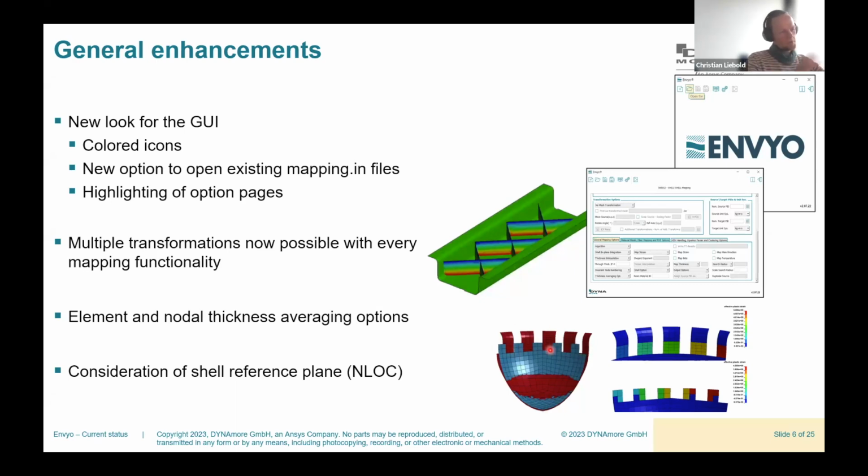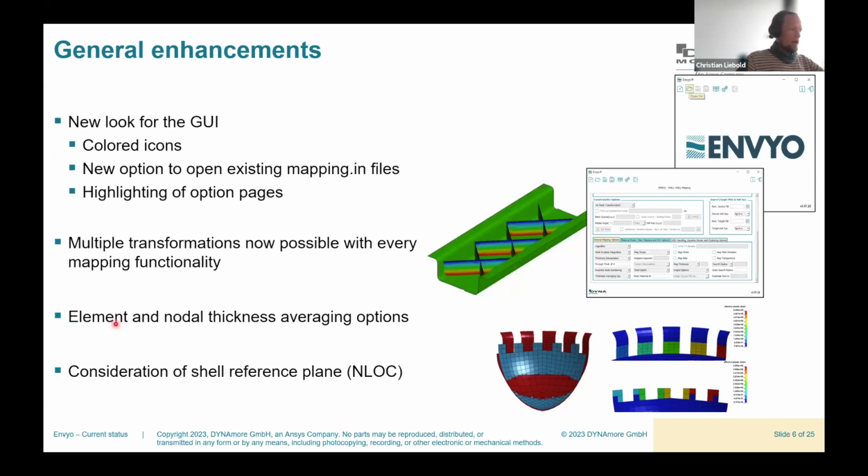So the user wants to perform dedicated transformations to get these sawtooth areas into the same position as in the source map to perform a proper data transformation. Therefore, we have the capability to perform multiple transformations, and that capability has been rolled out to basically all the mapping options which we have now.